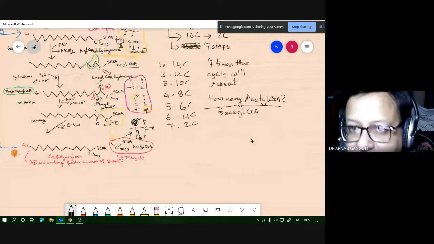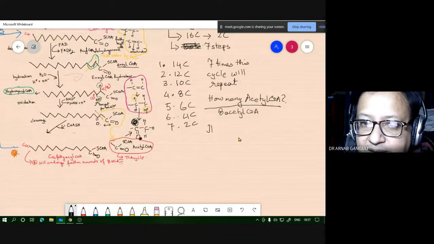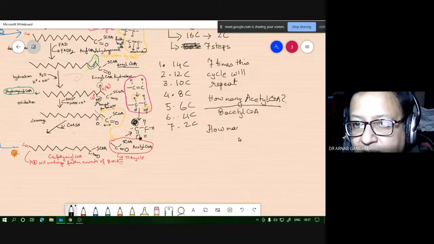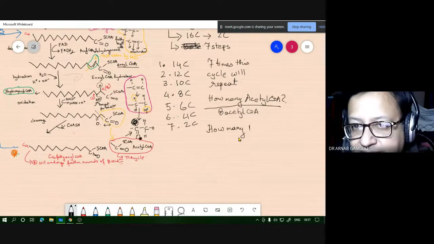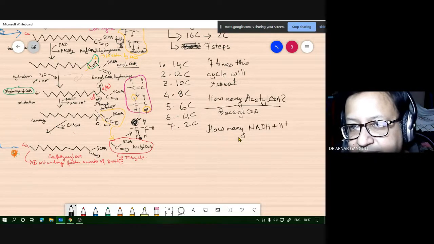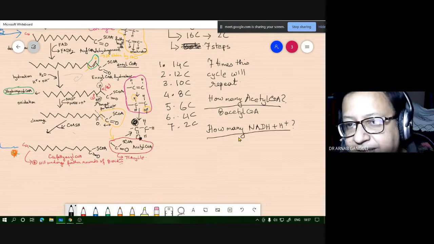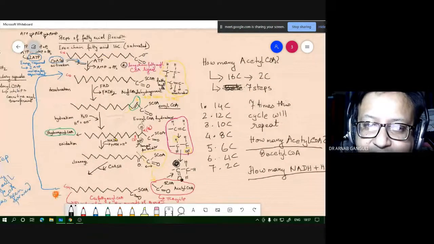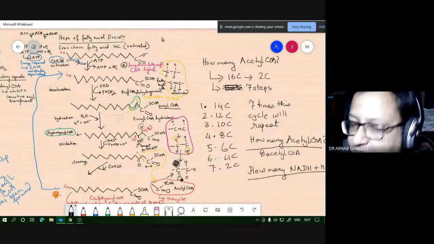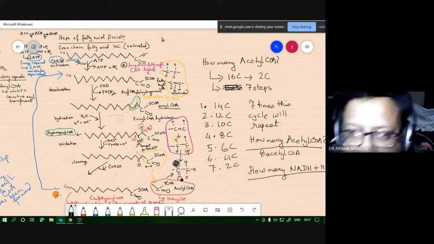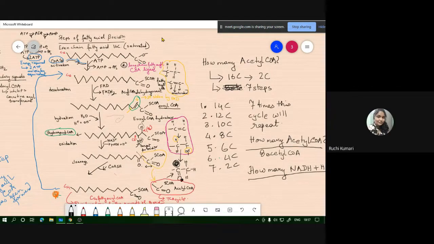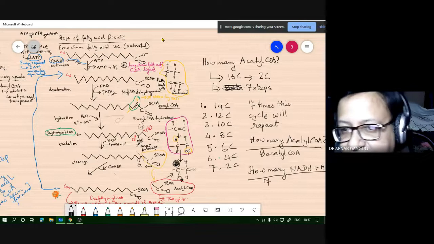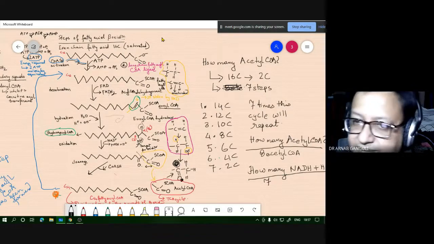Next question is, how many NADH plus H plus? Can anybody reply? Look at the step. One step you get 1 NADH plus H plus. So how many NADH plus H plus? Sir, 7. Exactly, 7.